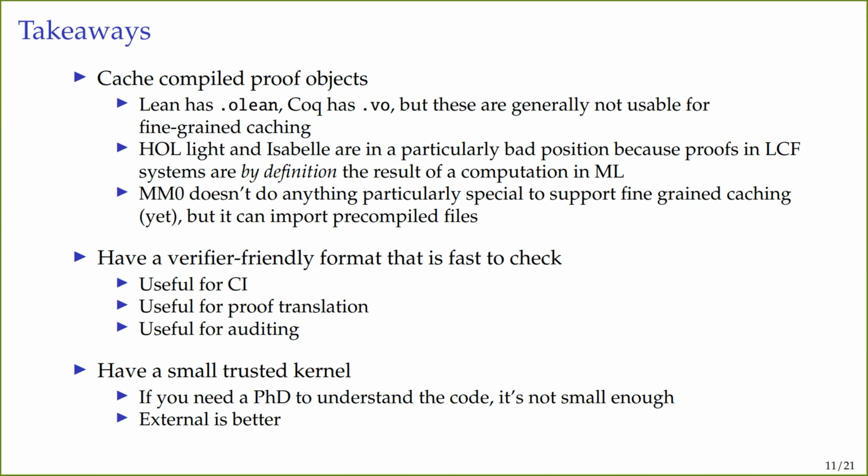One of the advantages of refactoring in Metamath is that it's very predictable what's going to break when you make a change. If you change the statement of a theorem, every single user of that theorem and nothing else will break.